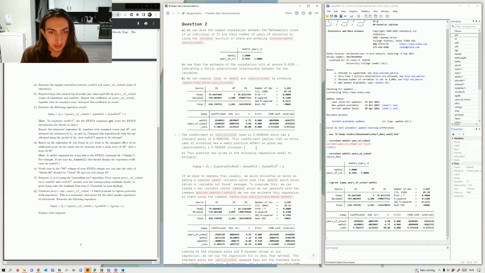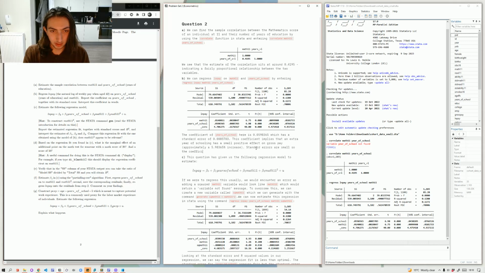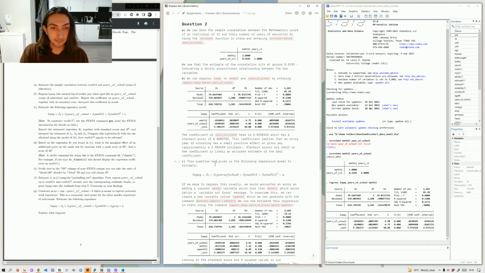The standard errors are small, so the coefficient is likely an accurate estimate of the real coefficient. I do not know if standard errors necessarily scale proportionally to the coefficient, but what it looks like is that it's small. So I think it's good. Anyways, so that's that.